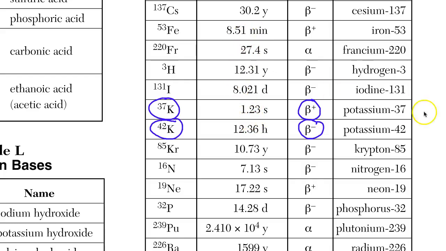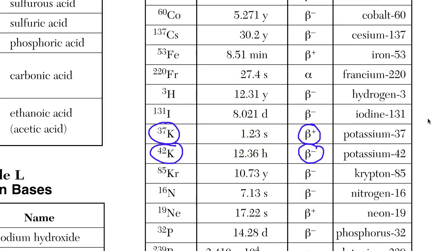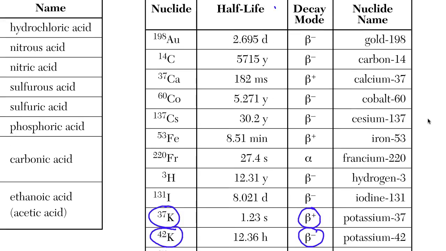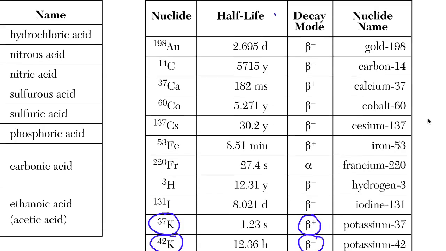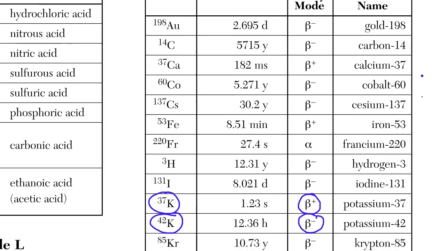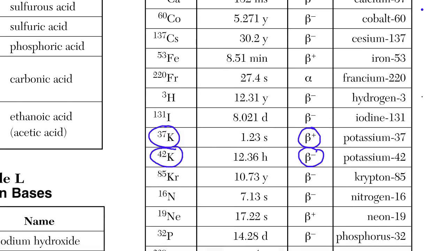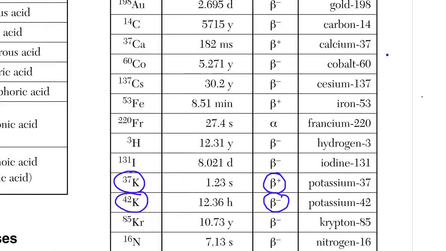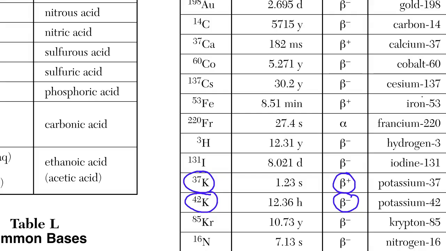And this number here is the half-life. If you remember, half-life is the amount of time it takes for half of the substance to decay or transmute into another compound. Clearly the half-lives are different, and clearly the decay modes are different. But what are these decay modes?